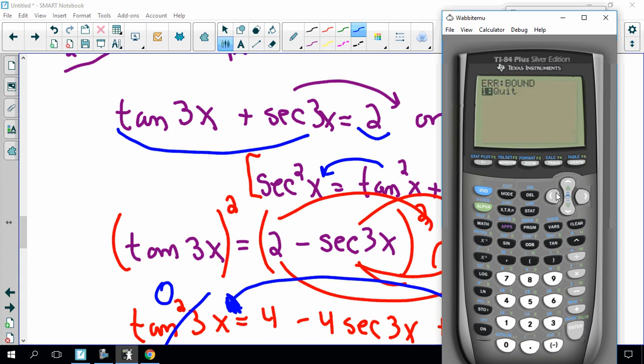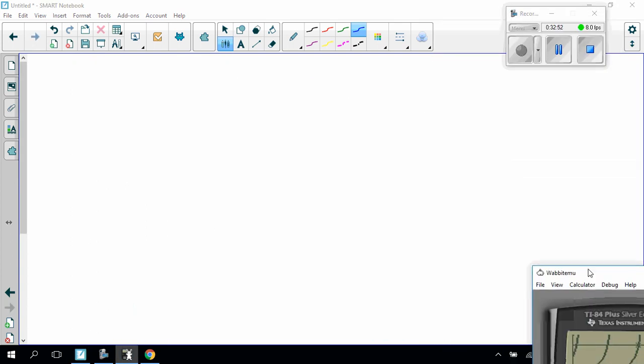Graph, second, calculate, point of intersection, enter, enter, enter, 4.403. I think I went off my screen with my cursor. You could find a 3 that way, but at least you know you got 3. Well, let me pull it together here.